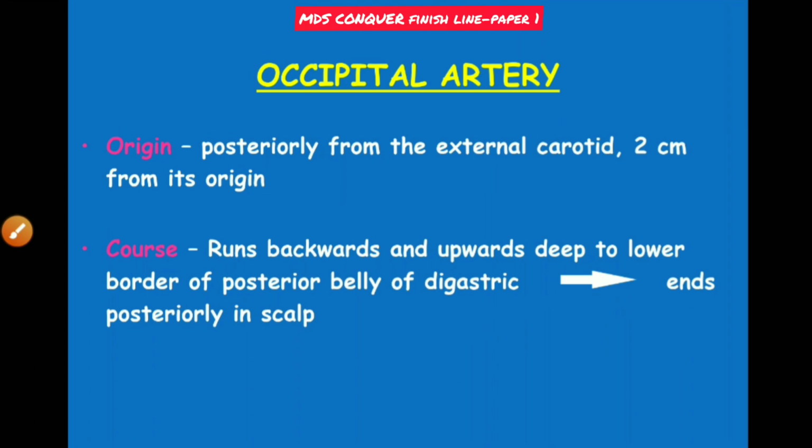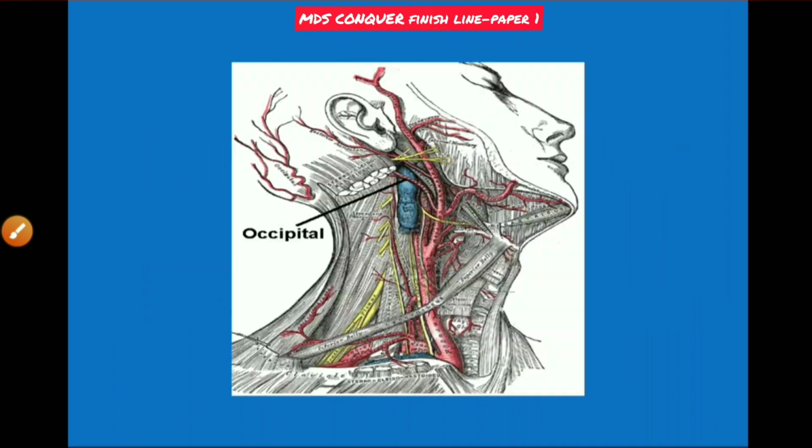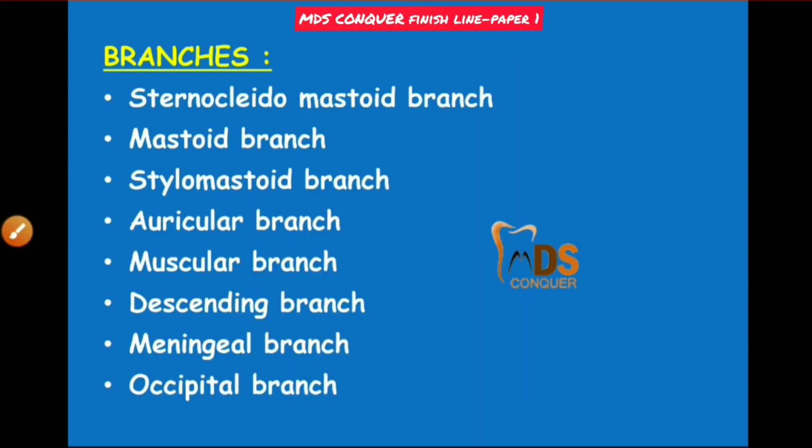Then coming to the occipital artery, this originates from the external carotid, 2 centimeters from its origin, and it ends posteriorly in the scalp. You can see here this is the occipital artery, which ends posteriorly in the scalp. Then these are the branches of the occipital artery.